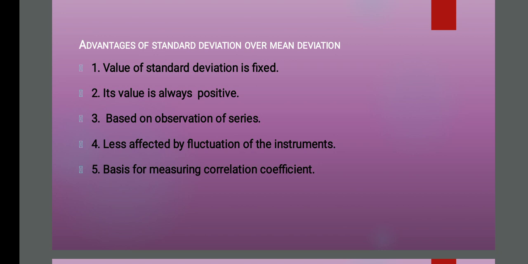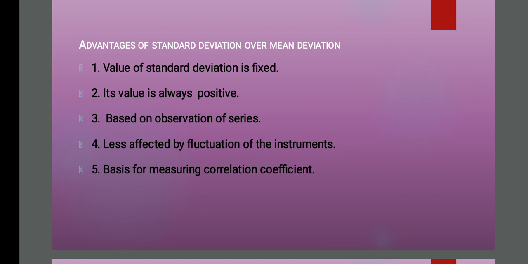I'll repeat the advantages of standard deviation. The formula is the square root of the sum of xi minus x bar the whole square divided by n minus 1. We have five different advantages. First, standard deviation is a fixed value.